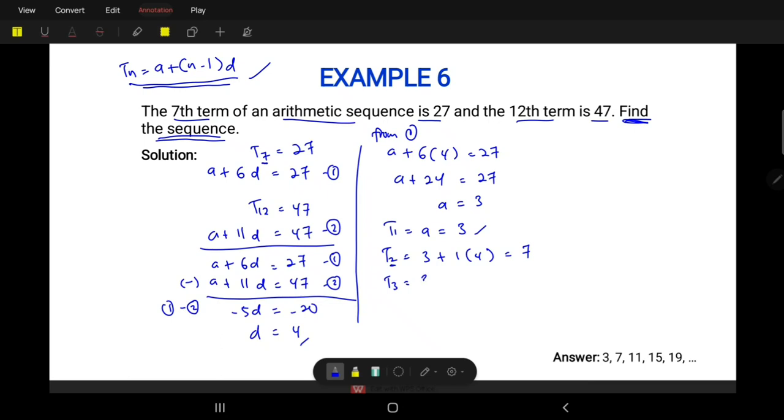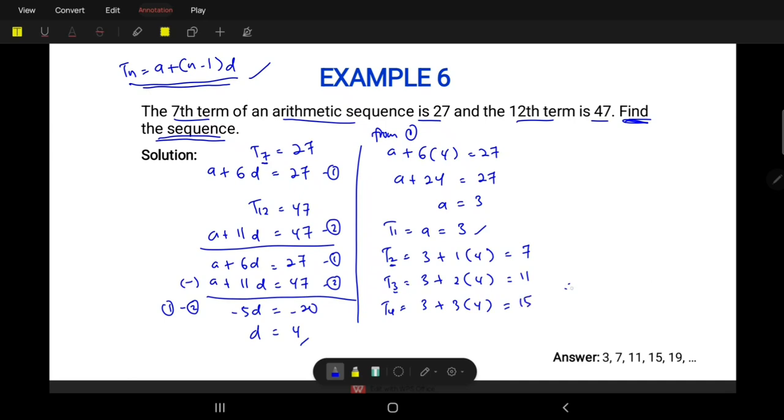A is 3 plus, where n is 3, 3 minus 1, you will get 2 times D, which is 4. 2 times 4, you get 8, plus 3, you will get 11. The fourth term, 3 plus 4 minus 1, you will get 3 times 4. D is 4. 3 times 4, you get 12, plus 3, you will get 15.